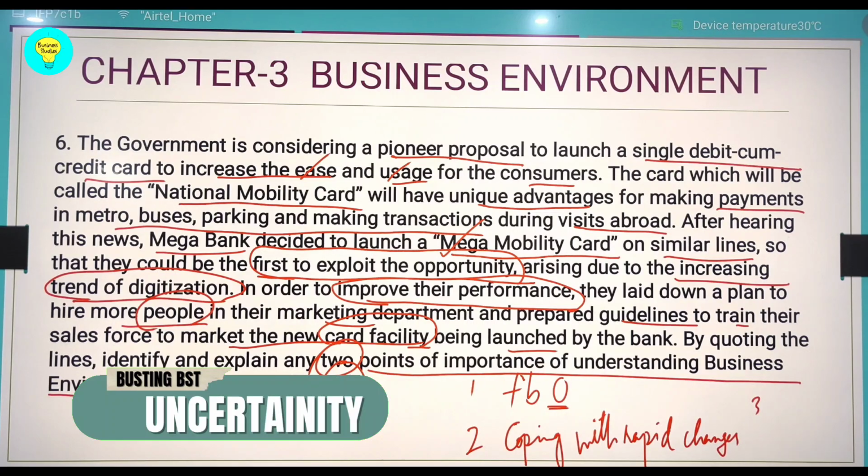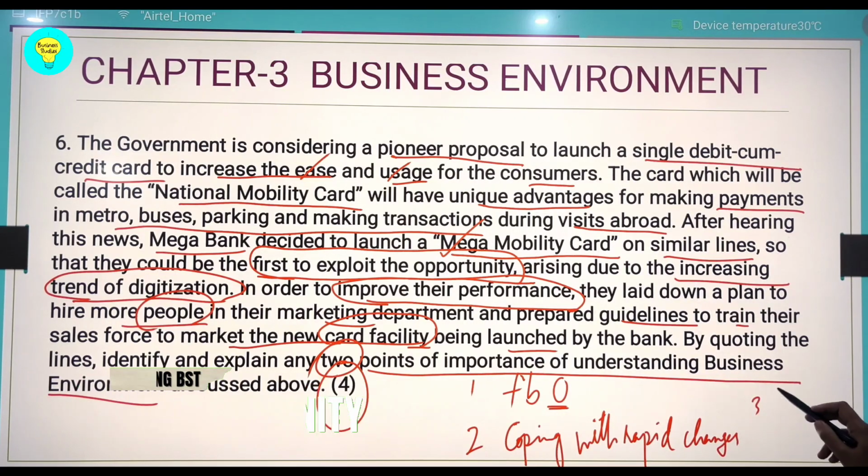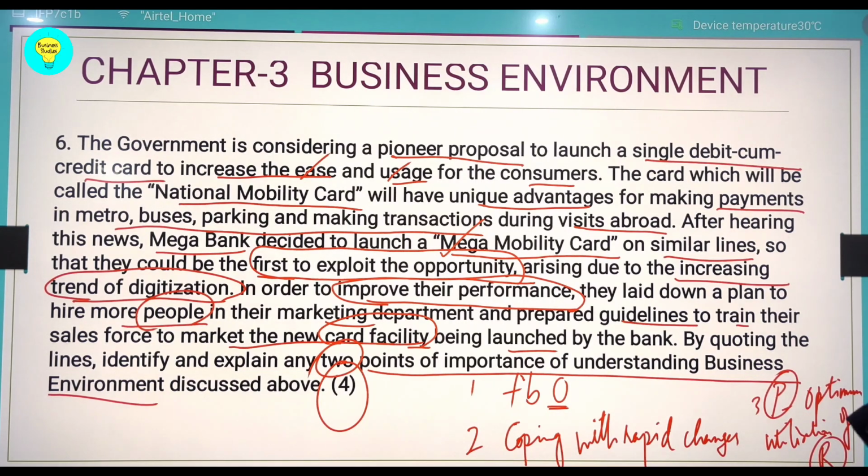Third one can also be enhancement of performance by putting the optimum utilization of resources. So P and R can also be talked about in these points. However, restrict your answer to 2 points and also quote the lines as asked in the question.